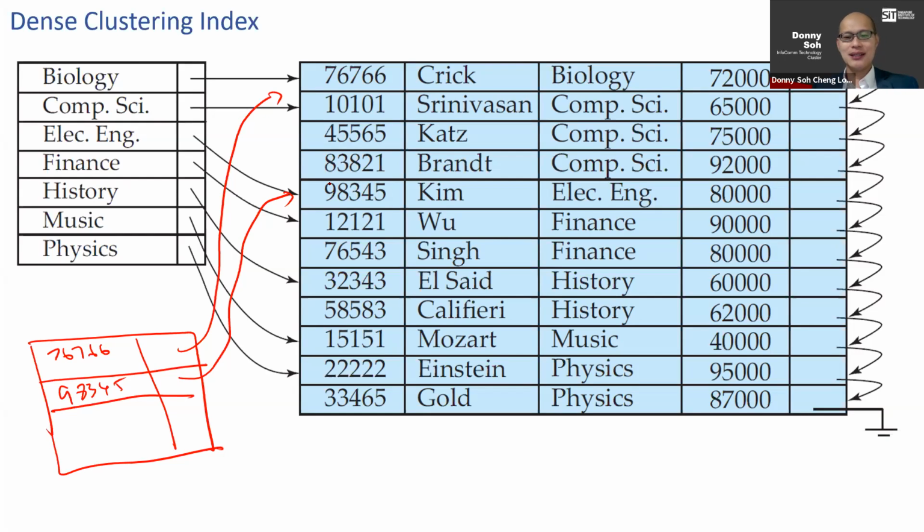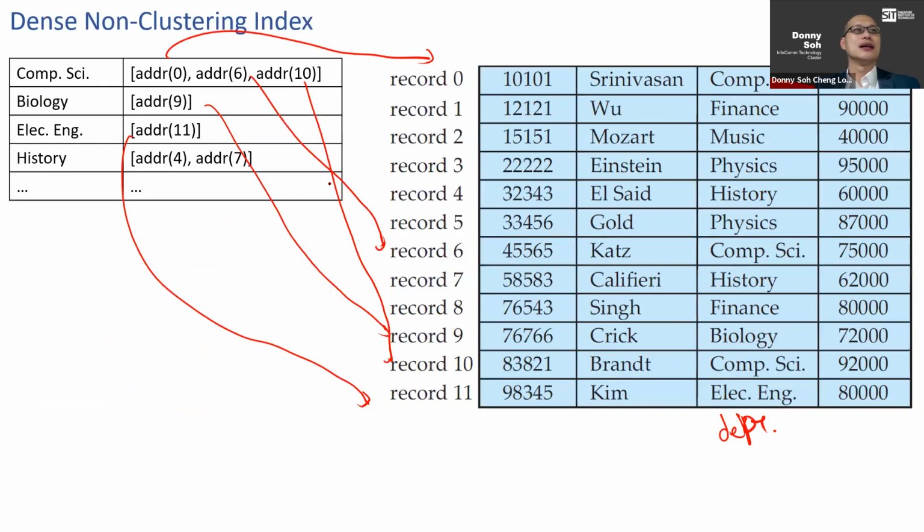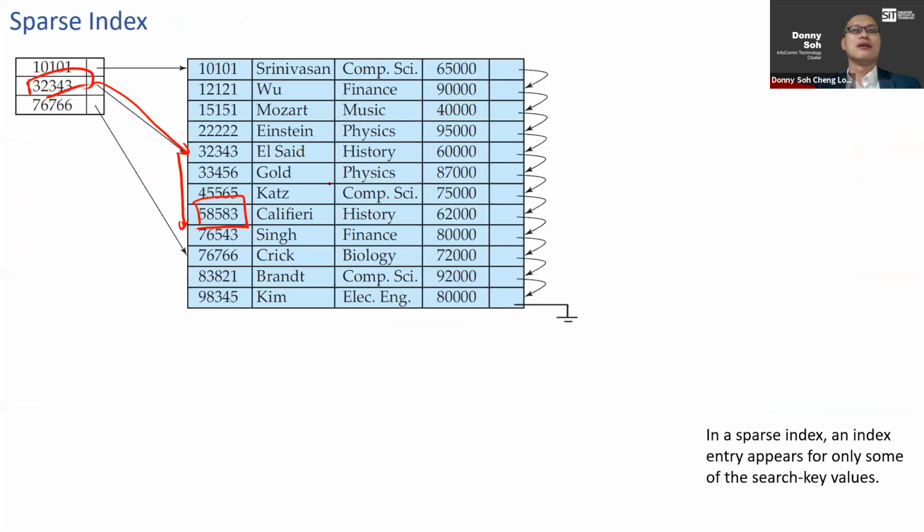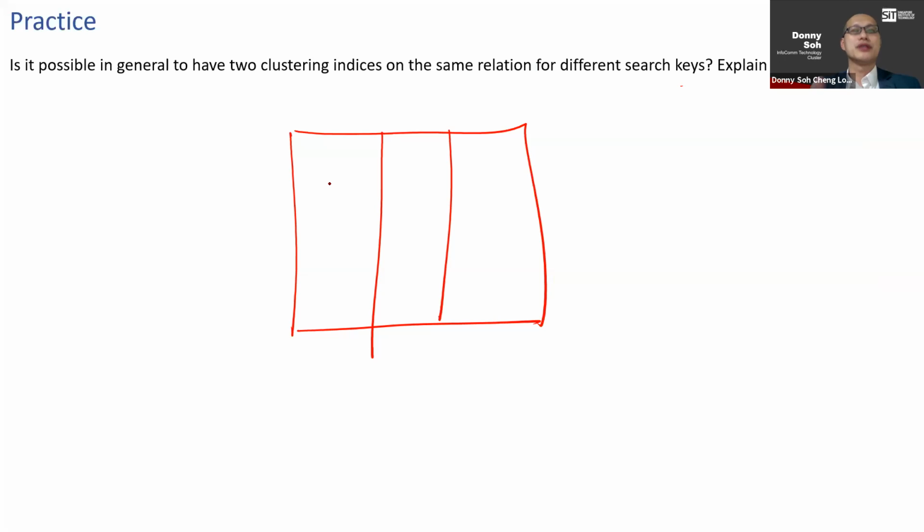So in general, you probably won't be able to build two dense clustering indexes on the same relation for different search keys. So in general, not very possible. Okay, so this is how we answer this question.